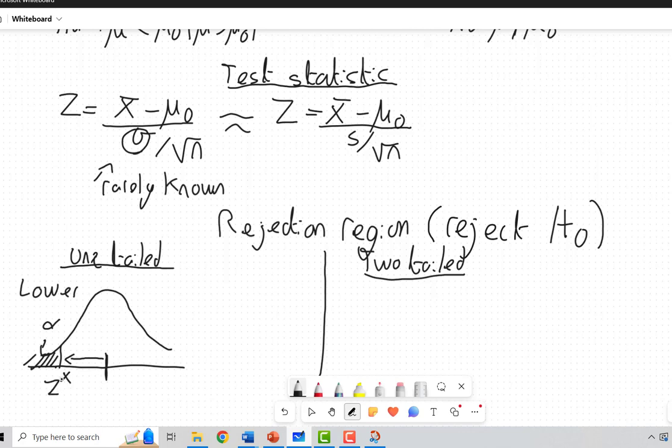We'll use a z star as the critical value of z. We start off in the middle, assuming the null hypothesis is true. We gather more and more evidence until we reject. And we reject H0 if our z value is less than our z star.